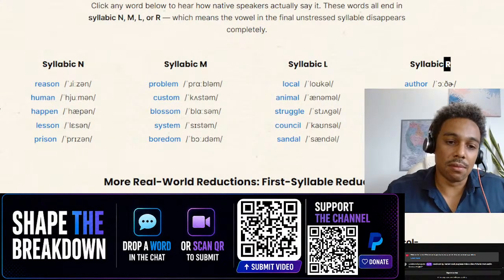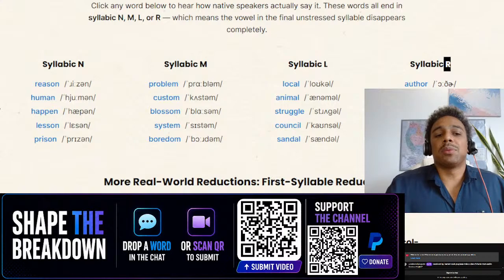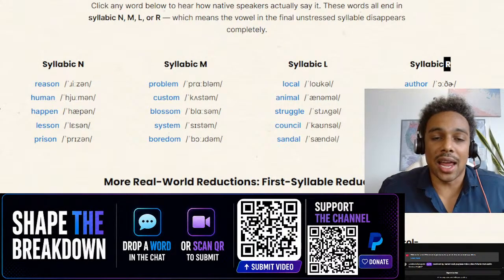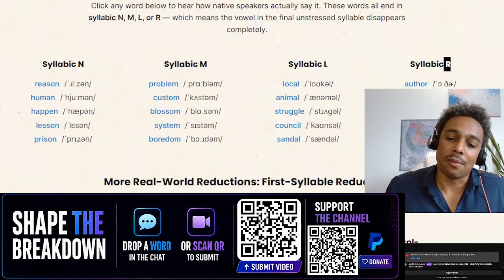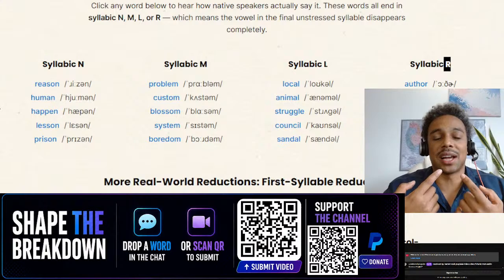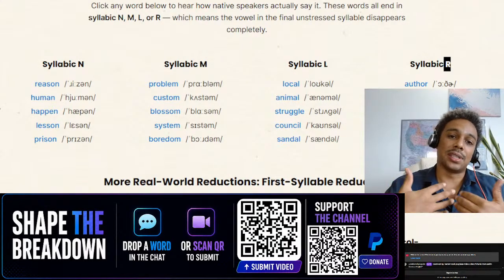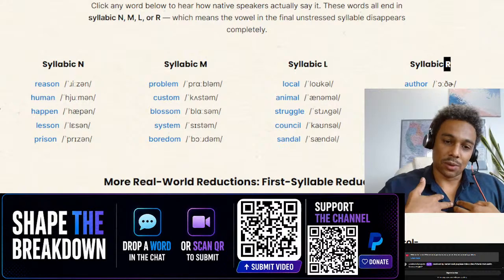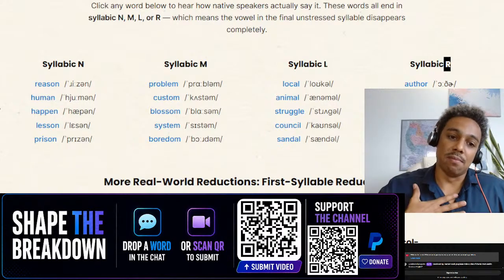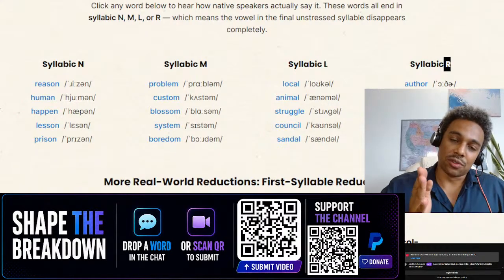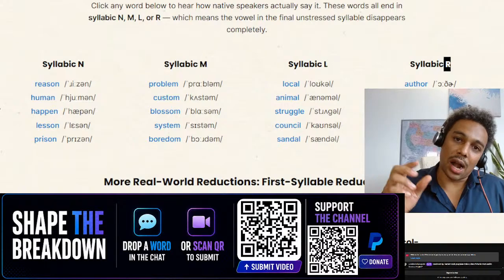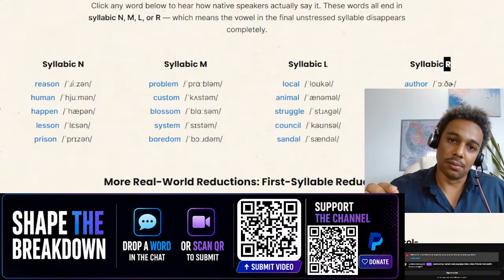All right, same thing with the syllabic M. Mm, mm, right? A lot of people come into the class and they think that M is this, ma, ma, ma. Again, that's a mouth sound. We don't listen to mouth sounds. We listen to body sounds. So we don't say ma, ma. We say mm. So it goes from problem to problem, bloom.